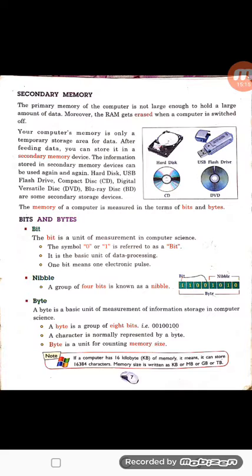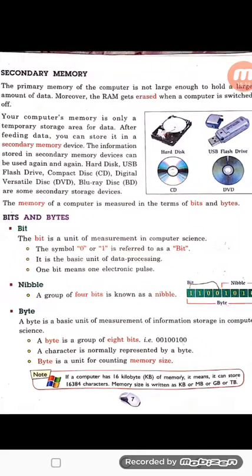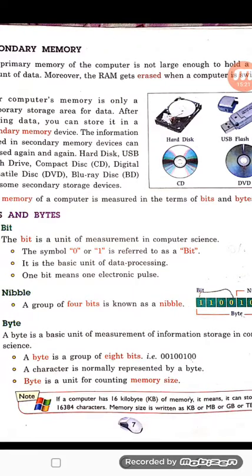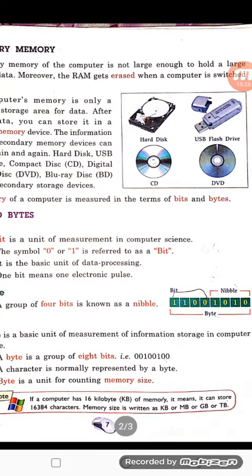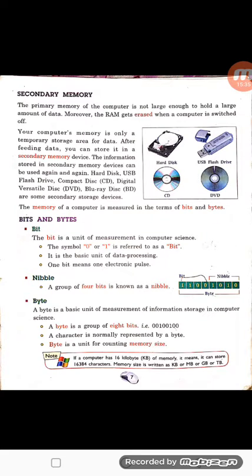See, the last line given to you says, if a computer has 16 kilobytes of memory, it means it can store 16384 characters. Memory size is written as KB or MB or GB or TB. Now what is that KB or MB? Let's move to another page.